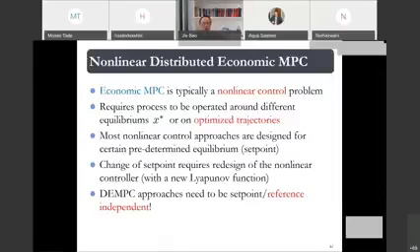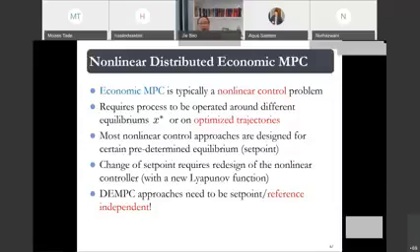Probably I would touch on the last point very quickly: nonlinear distributed economic MPC. As I mentioned earlier, a very natural way of thinking of MPC is economic MPC, because you're doing optimization anyway, so let's use a cost function which represents the economic cost.